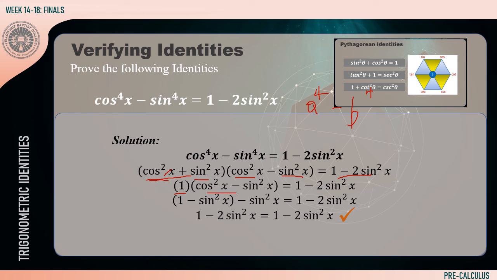May dapat diri cosine, but pwede natin i-convert into sine based sa aton nga unang identities. So, cosine squared is equal to 1 minus sine squared x, minus sine squared x. Then, manipulating the equation, we will have 1 minus 2 sine squared x. Then, we have proved and verified the identity.